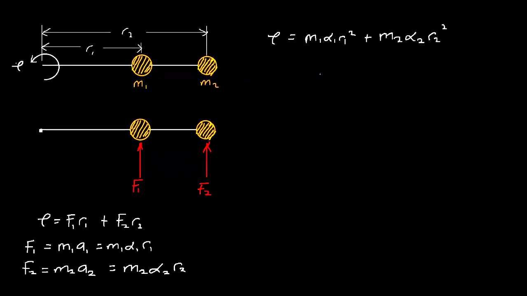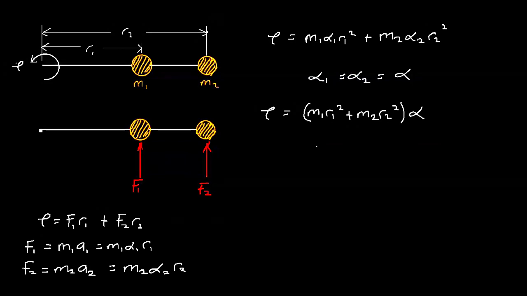Now, since the effect of the torque is to rotate the entire system, and the forces F1 and F2 will produce the same effect as the torque, both particles are going to have the same angular acceleration. And so we have our total torque equal to m1r1 squared plus m2r2 squared multiplied by the angular acceleration of the system.